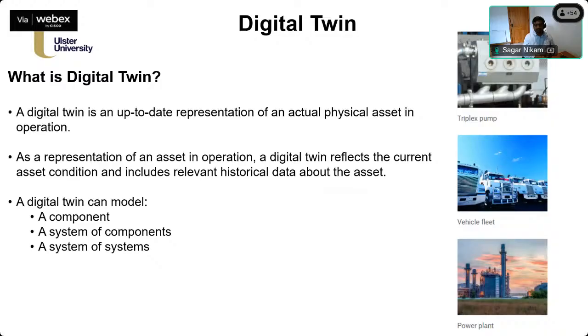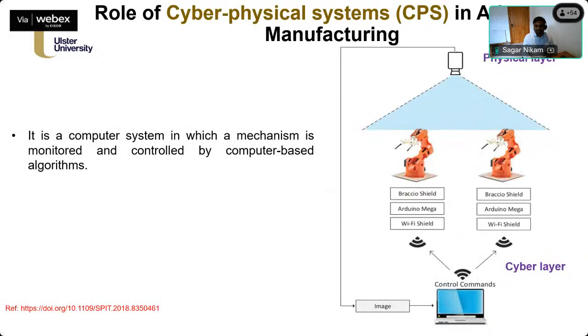Now, many of these particular aspects come into the CPS, the cyber physical system. In a cyber physical system, we don't prepare any digital model. For example, let's say if I go back to my presentation, if I look at this particular cyber layer, when we get this information, it will not represent this robot or anything in a digital way in the computer.